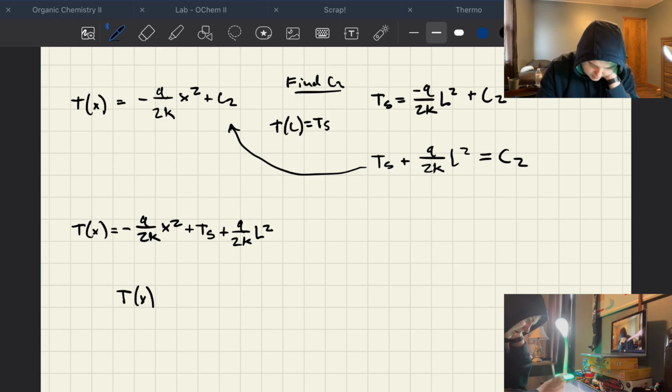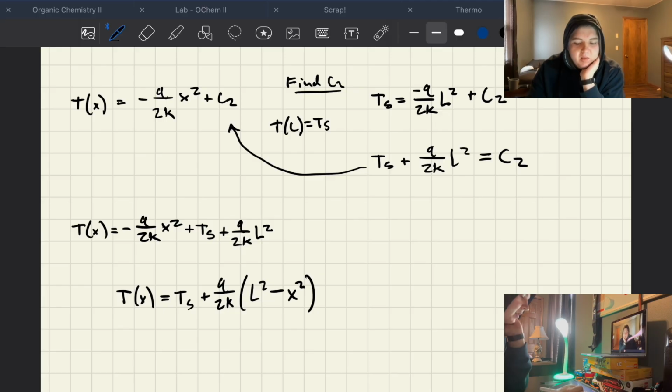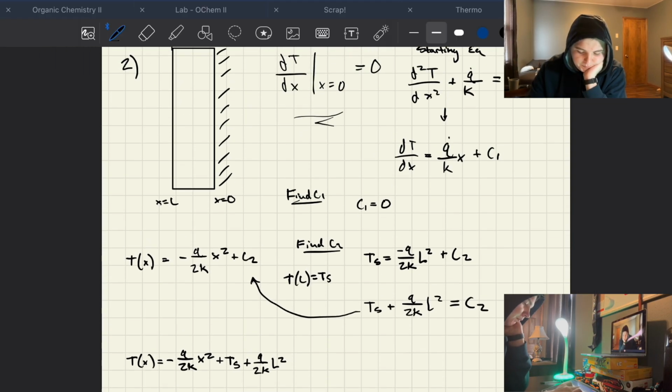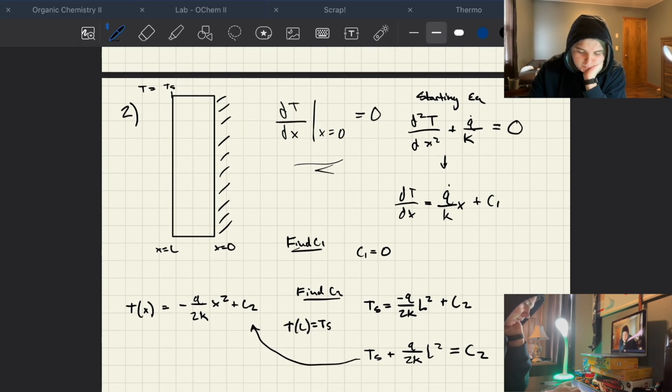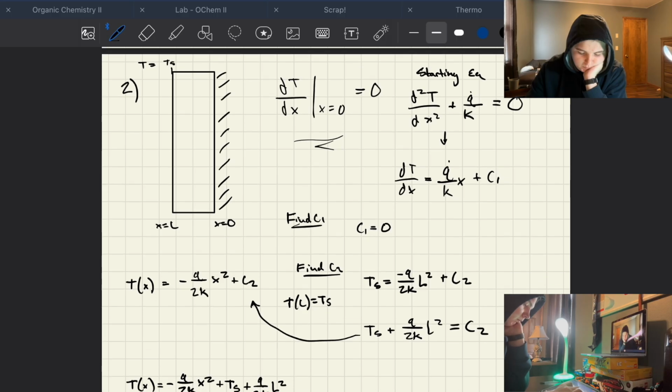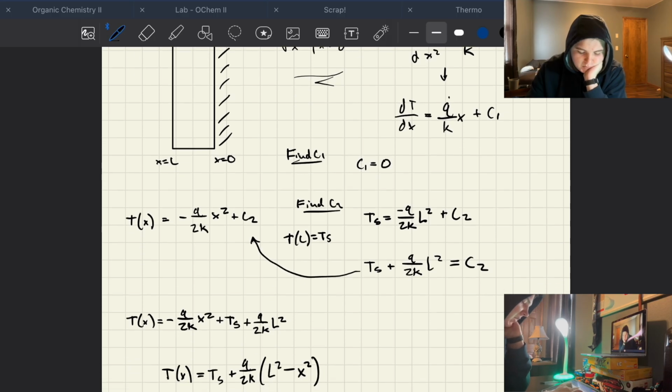Let's write the Ts first so it's not as confusing. Then q over 2k, and then we're going to have L squared minus x squared, because of the negative x squared. Is that right? Yeah, I think that is right.